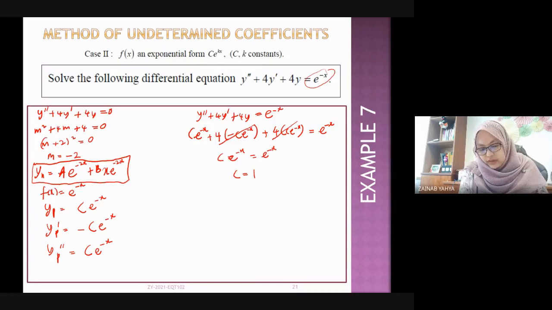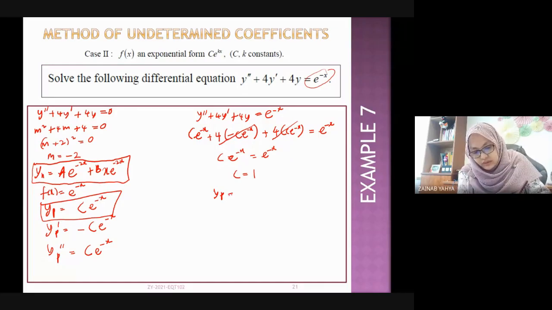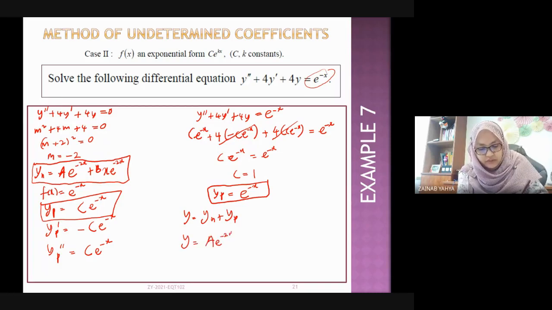So your yp, we substitute the value of c is 1, so yp is just equal to e^(-x). So y is equal to yh plus yp. So your y is A e^(-2x) plus B x e^(-2x) plus e^(-x).